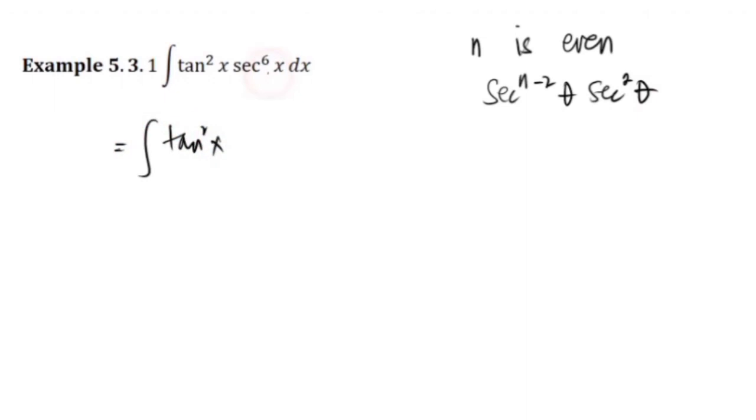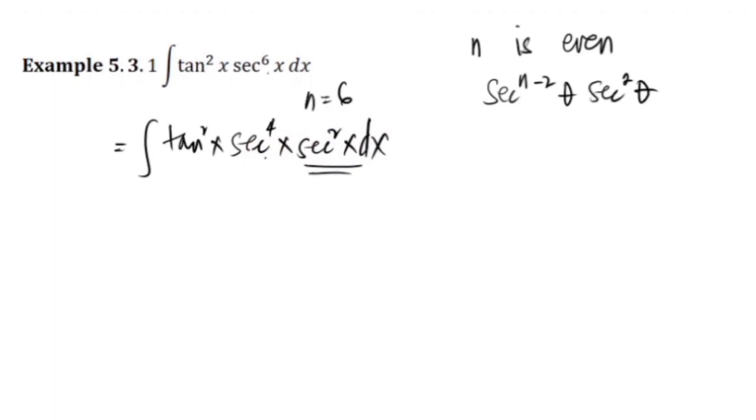Itong si secant to the 6x ay, since our n here is equal to 6, so that would be n minus 2. So magkakaroon din ng secant to the 4th, secant squared x dx. So palagi ito yung secant squared yung in-extract natin. And etong secant to the 4th na to, that would be the secant raised to n minus 2.